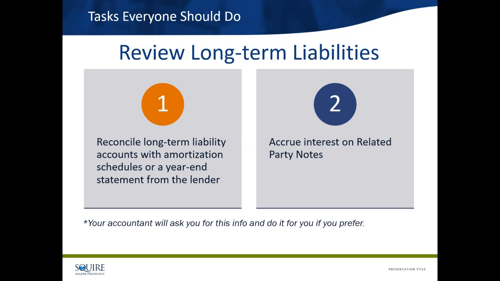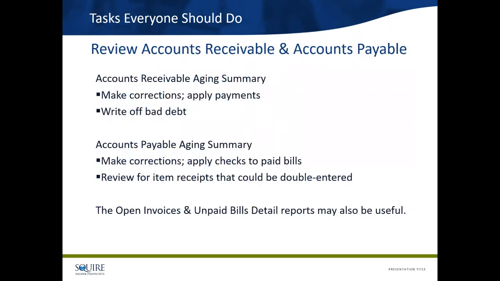Then your accounts receivable and accounts payable. Pull a receivable aging summary and a payable aging summary and go through the list. And if you see negative amounts, do you owe that client money? Do they have a credit, or did they overpay and you're planning on applying it to their next invoice?